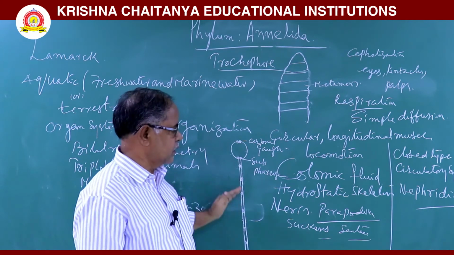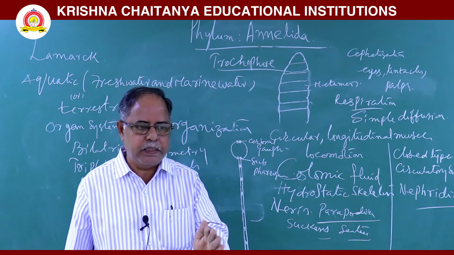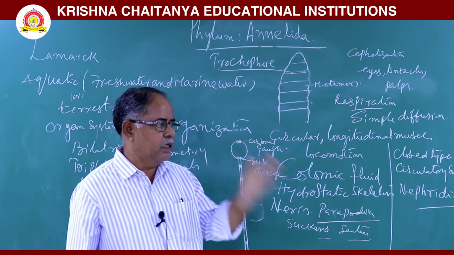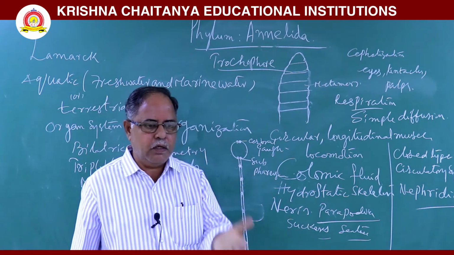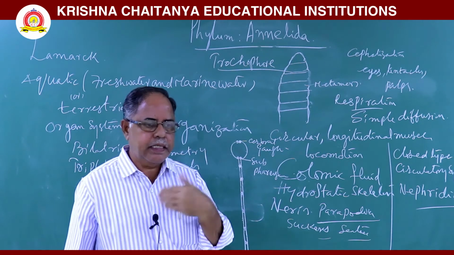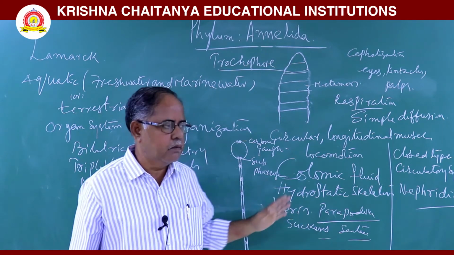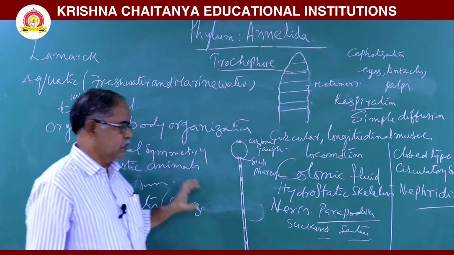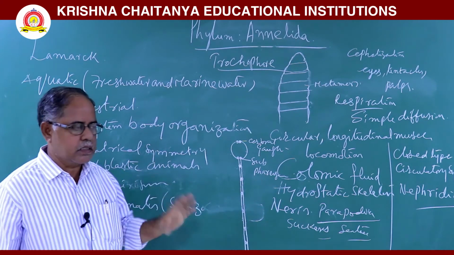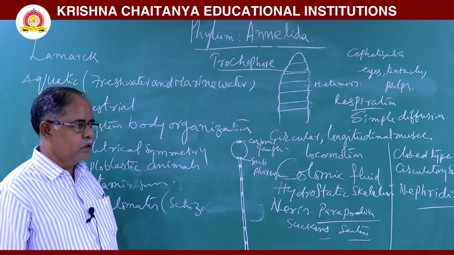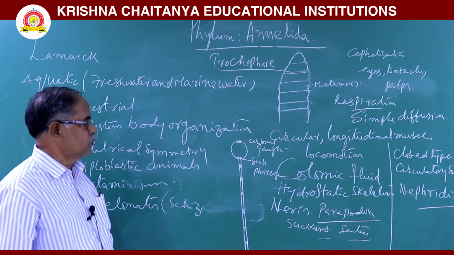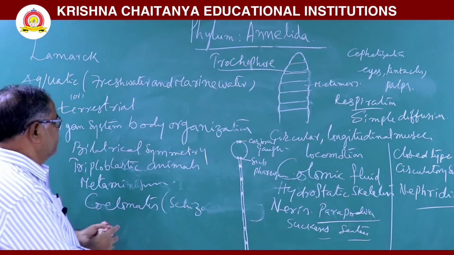In monoecious, development is direct. In indirect development, a larva is formed. In direct development, a larva is not formed. In this animal, one characteristic larva is seen, called the trochophore larva. So these are the general characters of annelids.